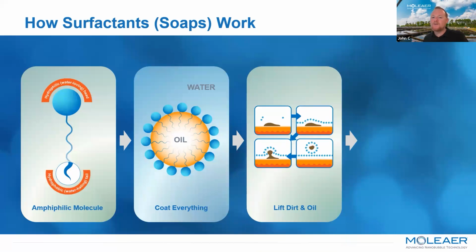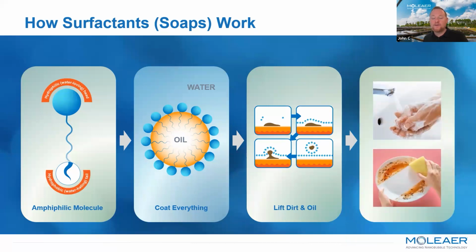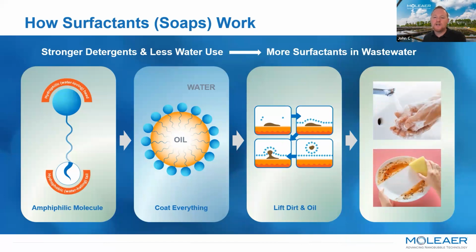So when we think about a simple example of washing oil off your hands, if you try to wash with just water alone, the oil sticks to your hands. The same occurs when cleaning plates and greasy dishes. You need a surfactant to be able to pull those oil compounds away from your skin or from your plate and be able to wash them away with the water.